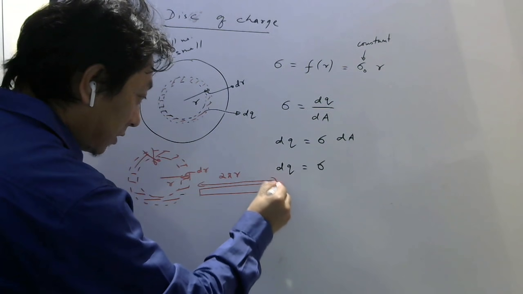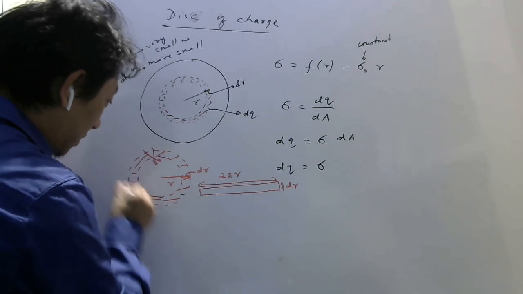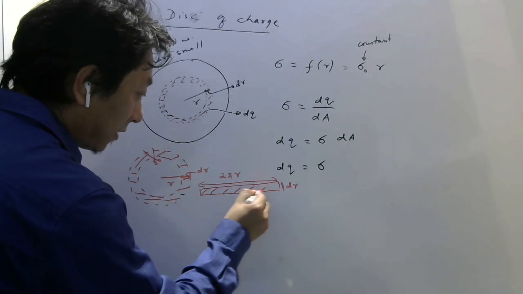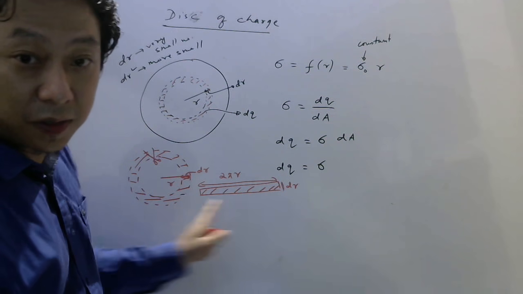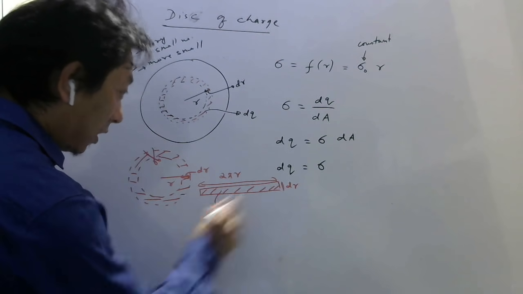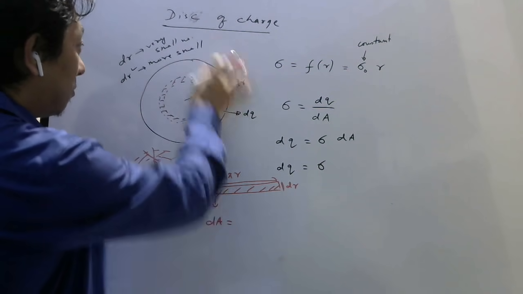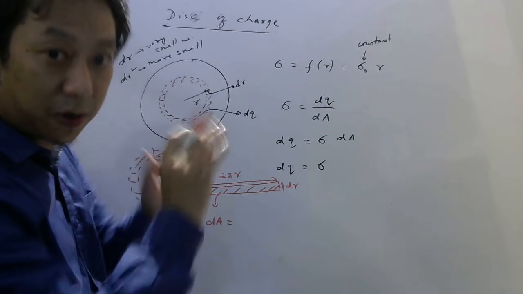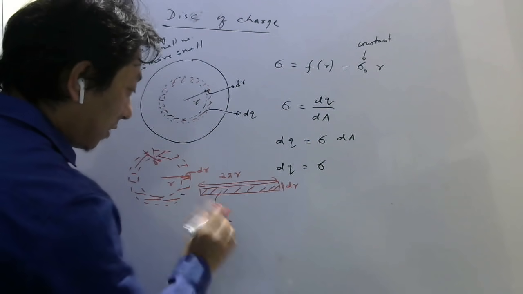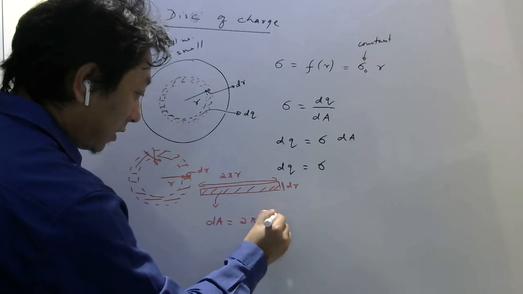And this thickness is dr. Now this area is basically this area. If you look carefully, this is the area of a rectangle. So this area, which I am calling in this problem dA, because it is a small part of my disk, will be how much? This length is 2 pi r, thickness is dr.